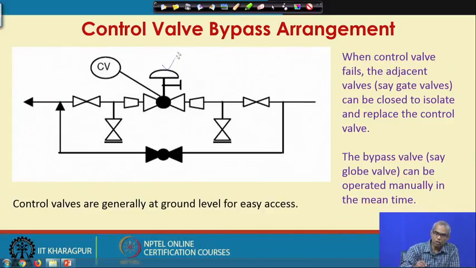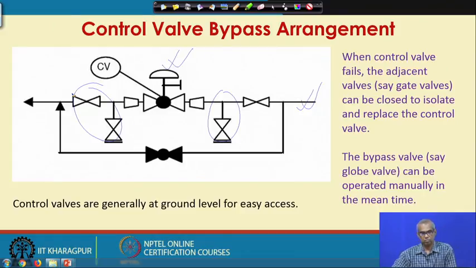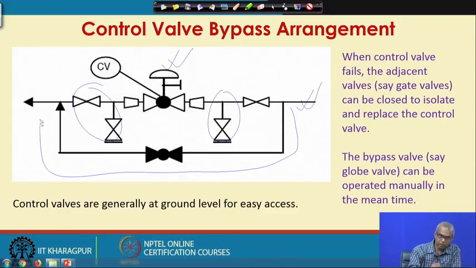This is the control valve, which is connected in this line. Note there are two more valves adjacent to the control valve. And also there is another valve in this bypass line.